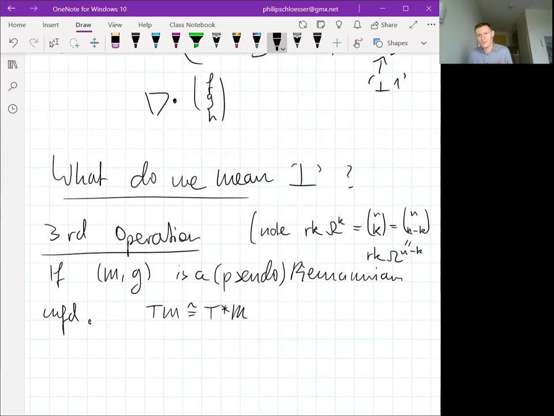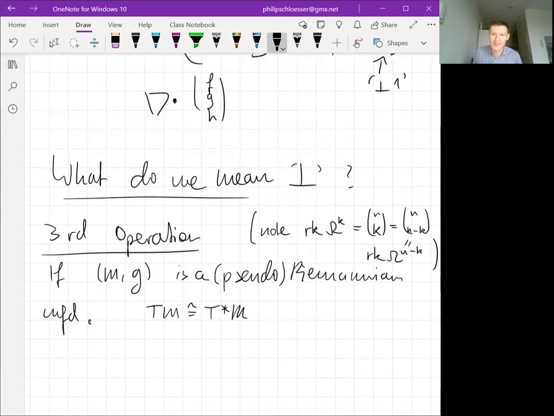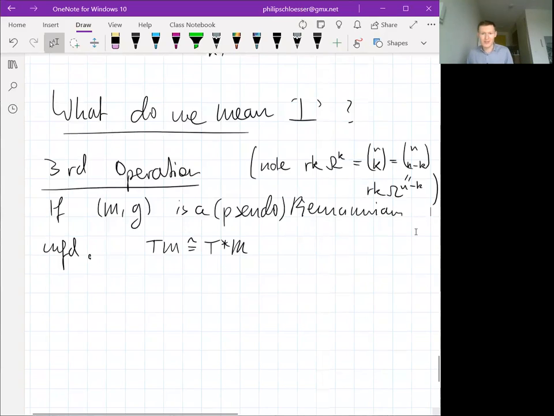So locally, k-forms and (n-k)-forms are isomorphic, non-canonically. But now, since we've fixed an isomorphism of the tangent and the cotangent bundle, maybe those become canonical, or maybe we can define some unique isomorphism between Omega^k and Omega^(n-k). And that is exactly the third operation I would like to discuss, the Hodge dual.